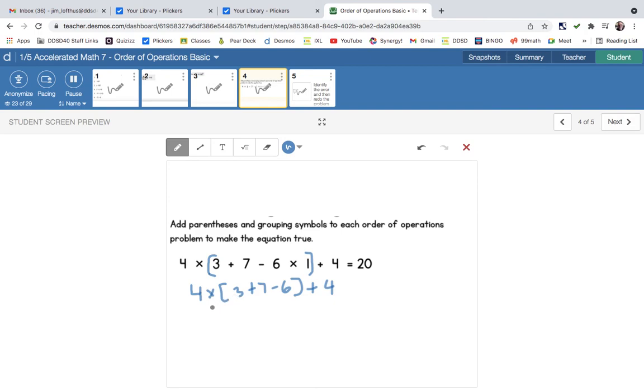Then we're going to do 4 times 3 plus 7 is 10 minus 6 plus 4. And then 4 times 4 plus 4. That's 16 plus 4, and that's equal to 20.